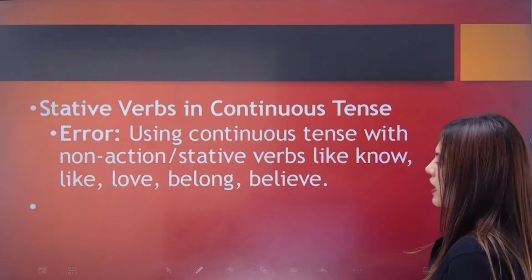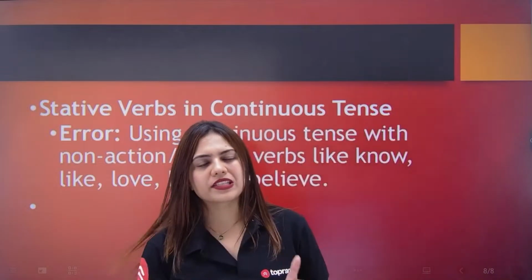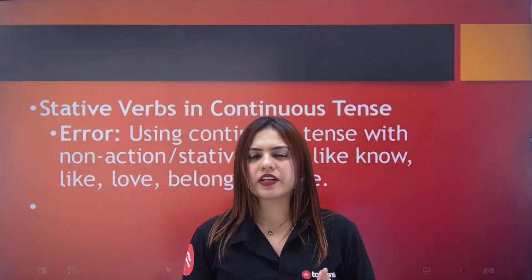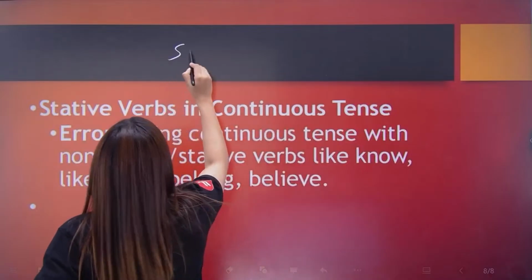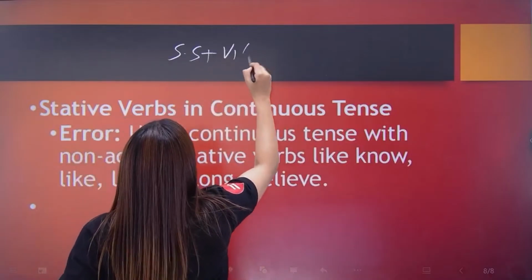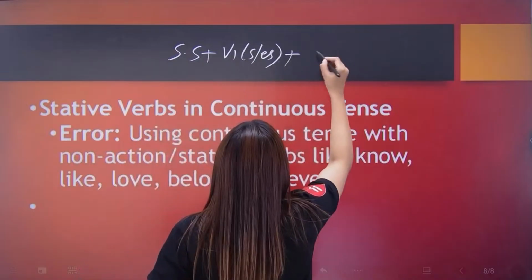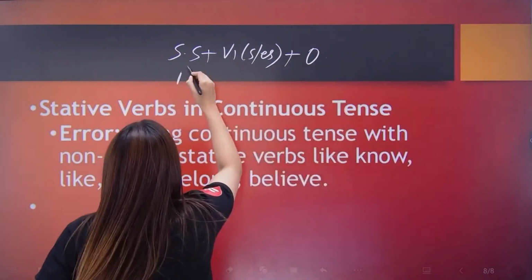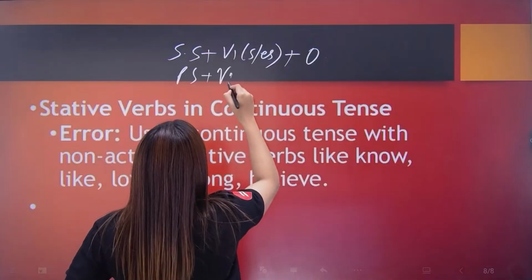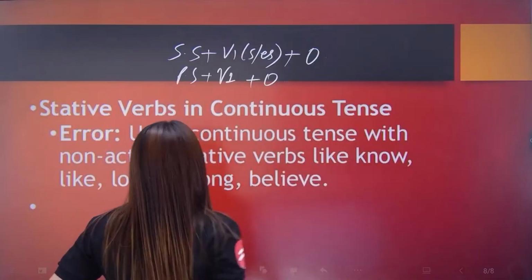Stative means where we are talking about simple present. Okay, the concept of simple present is very simple. With a singular subject, we add s or es to the verb because we have to make the verb also singular. With a plural subject, the first form of verb remains as it is.